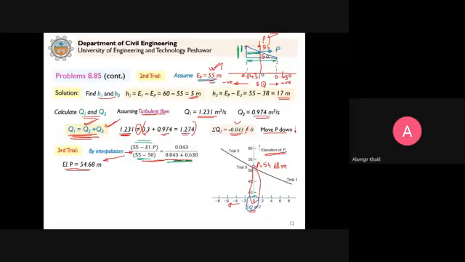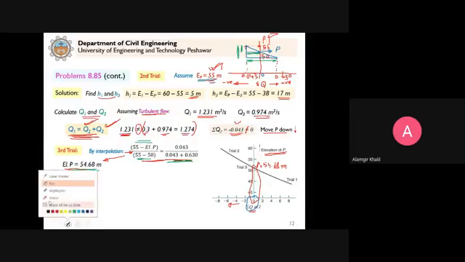So this is how we do interpolation. Similar triangles: 55 minus elevation of P divided by 55 minus 50, equal to 0.043 divided by this distance here. So you can see that we compare similar triangles and we get the value of EP as 54.68 meter.